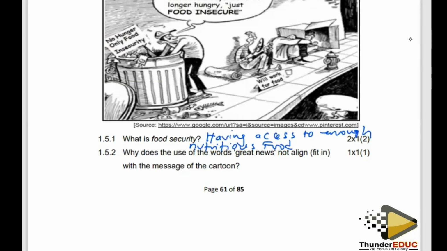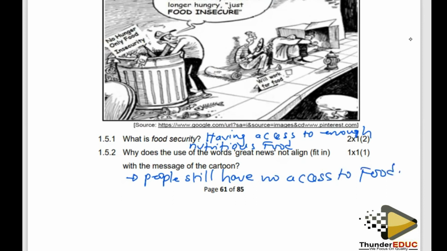Yes, the message says good news, we are no longer food insecure. But these people still have no access to food. That's why you can even see this other one is checking for food in a dustbin.